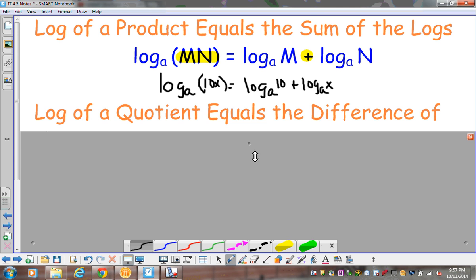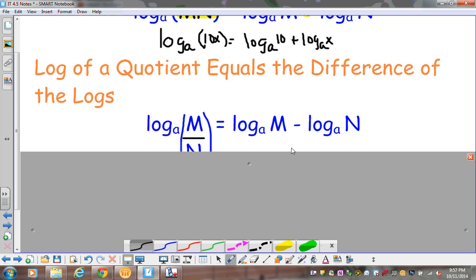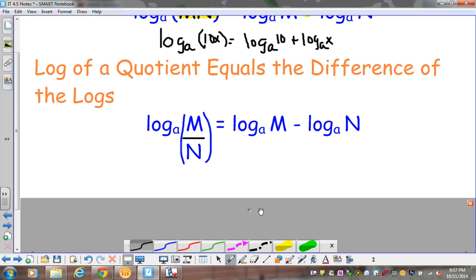All right, so the next one we're going to look at is division, which goes with subtraction. Log of a quotient equals the difference of the logs. So once again, I've got a single logarithm here. I'm dividing two values, so m divided by n. So when I'm dividing two of those, I can expand it into two logarithms being subtracted from each other. So if I use the same example, log base A of 10 divided by x, so I've got division here, we're going to expand that because notice I have a single logarithm.